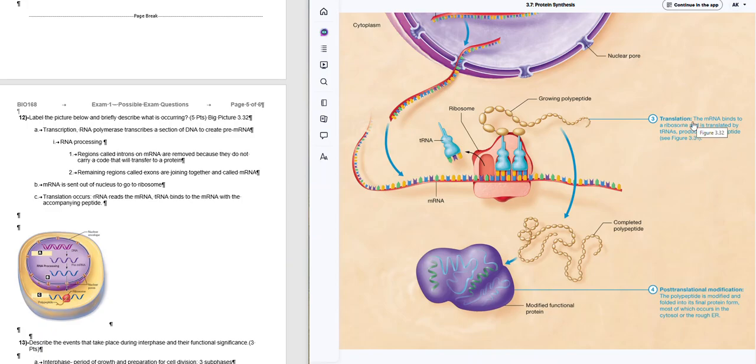And then the messenger RNA is translated by the tRNAs to produce a polypeptide. And then finally, in the cell, you will have the post-translational modifications. A lot of times the Golgi is where this occurs. And then that is your big picture of protein synthesis.